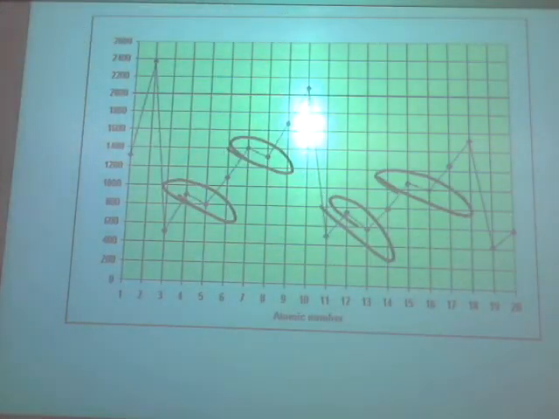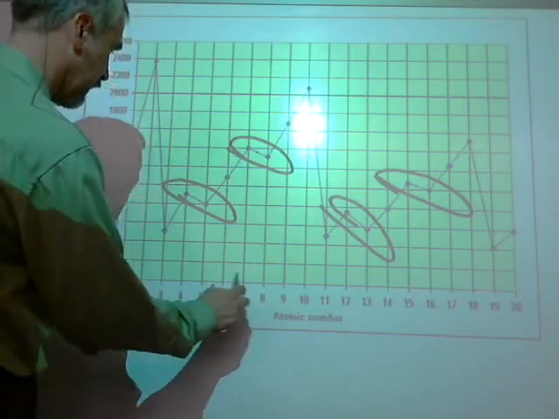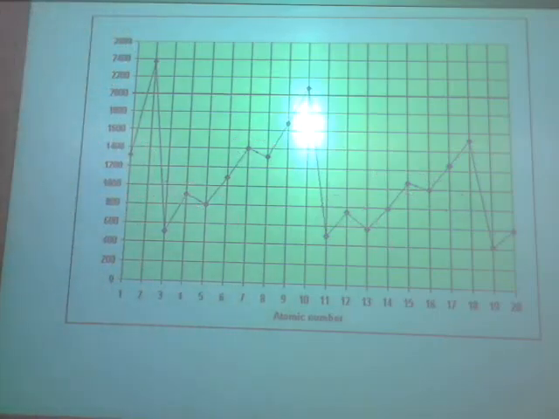Do you remember? Let's see where they're happening. In the periodic table, it's happening between elements 4 and 5 and then 7 and 8. Let's go back and I'll show you.